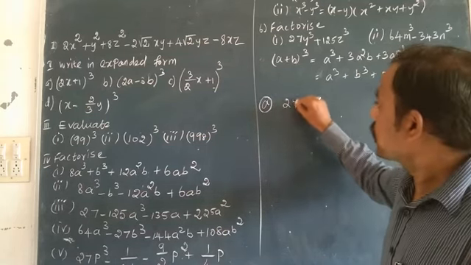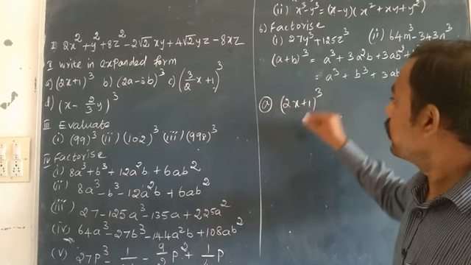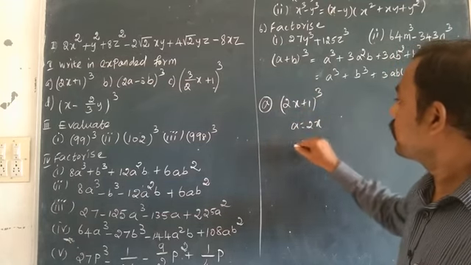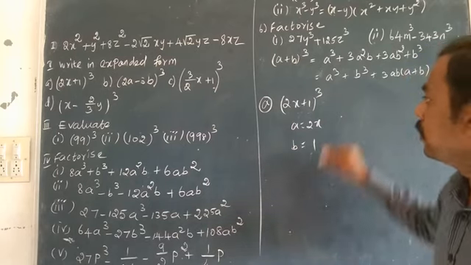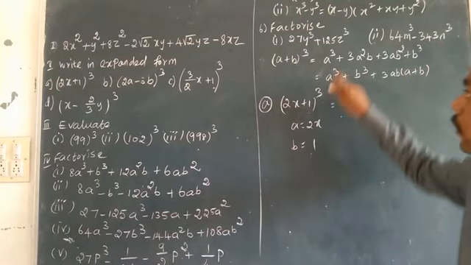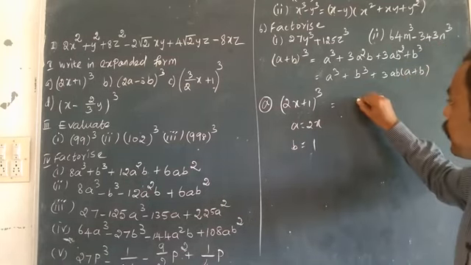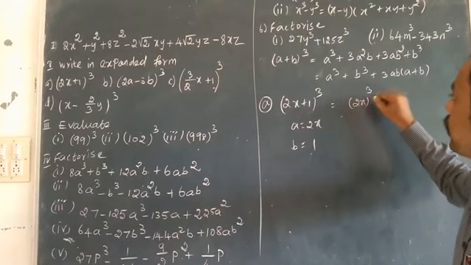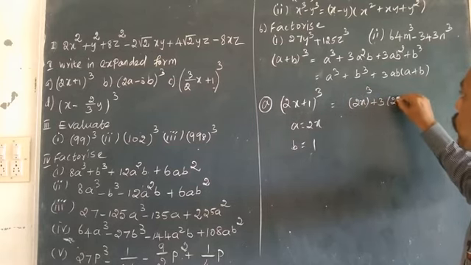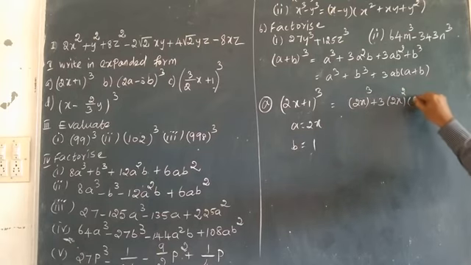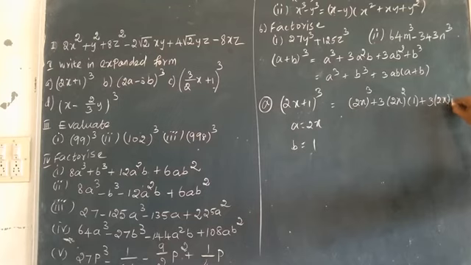So (2x plus 1) to the power 3. So a equals 2x and b equals 1. You are going to use this identity. So a power 3, that is (2x) power 3, plus 3 into (2x) the whole square into b, which is 1, plus 3 into 2x into 1 squared, then plus b power 3, that is 1 power 3.